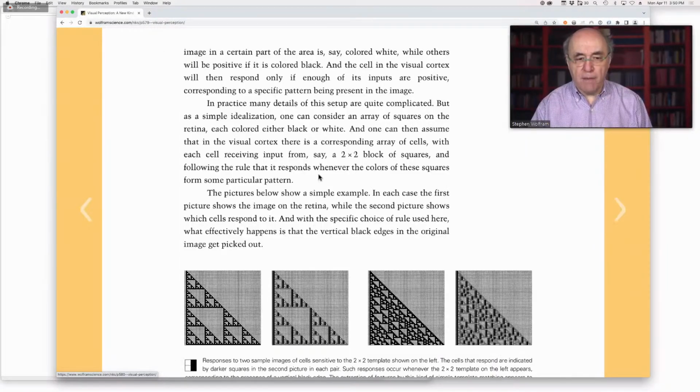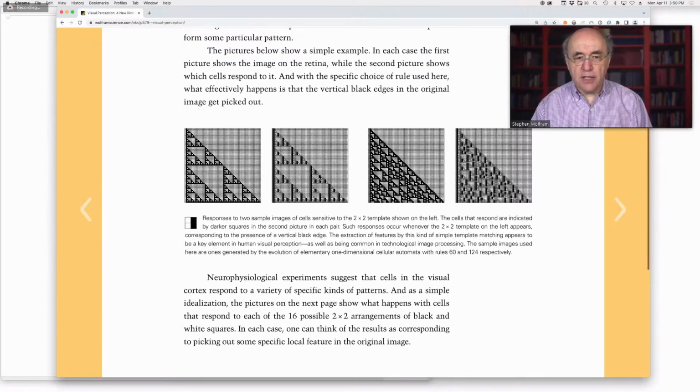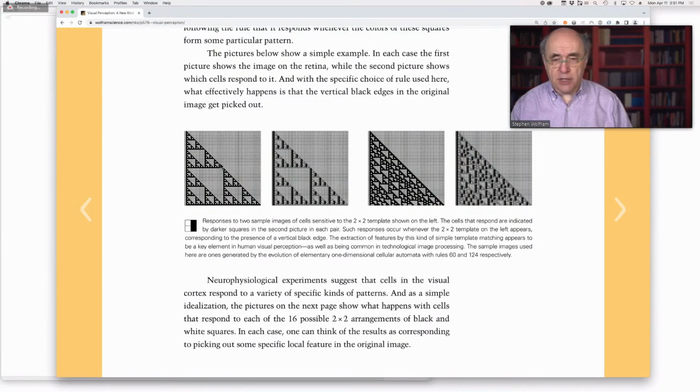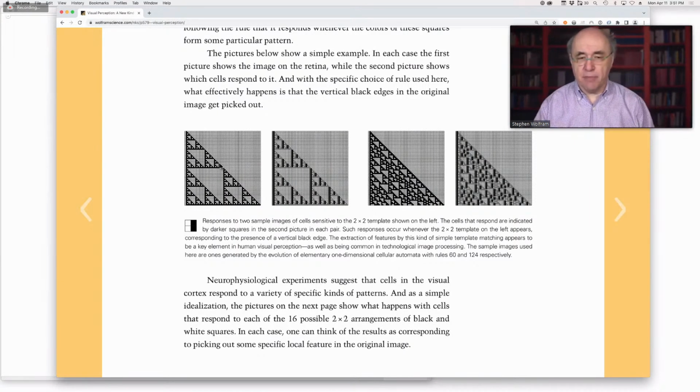So the thing that I use is to say, what happens if we just take a template? We say our eye is just recognizing white, white, black, black, and we look at the resulting pattern perceived by a white, white, black, black feature detector.